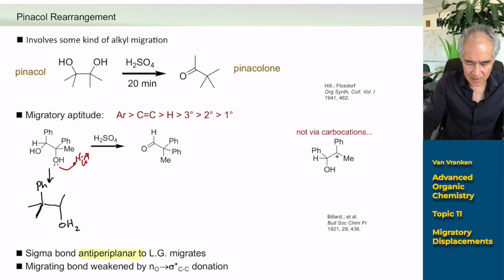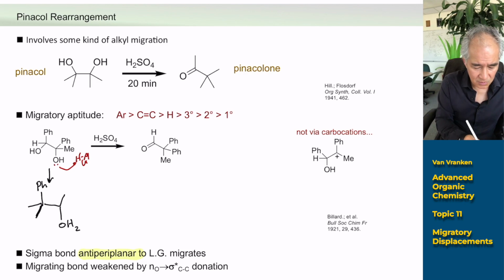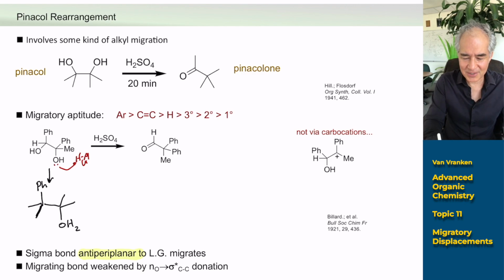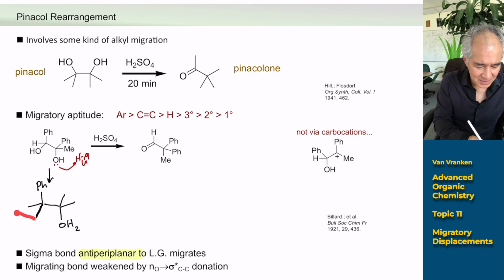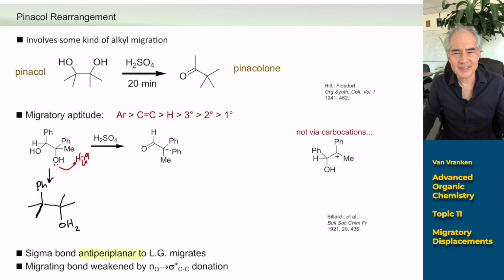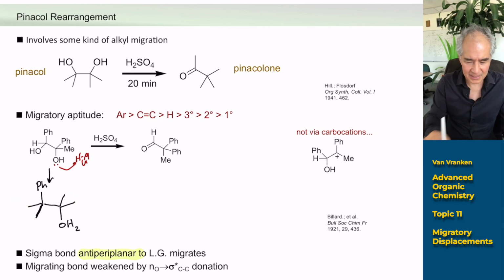I don't need to see red bonds for those. But I'm drawing this conformation so that you can see the anti-periplanar relationships between all the bonds. And when I draw it in this conformation, it sets me up to fuse this onto chair rings, right? A well-drawn chair will match exactly on this structure, right? This is exactly why we draw chairs, is so you can see those critical anti-periplanar relationships.